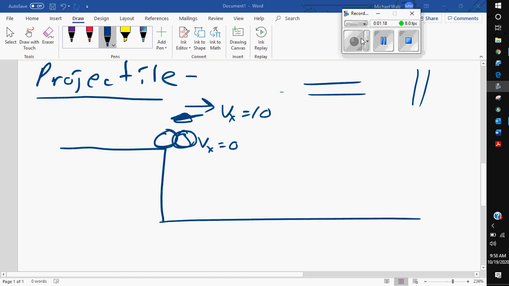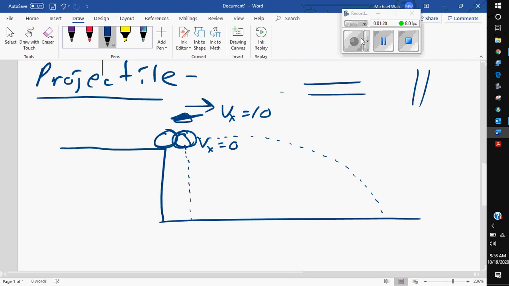That's exactly right, Landon. Neither of them hits the ground first. The one that is shot out has a different projectile path than the one that falls straight down, but the time is the same for both of them, because they both start out with 0 velocity in the y direction.